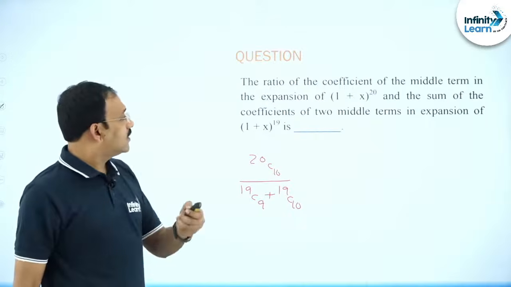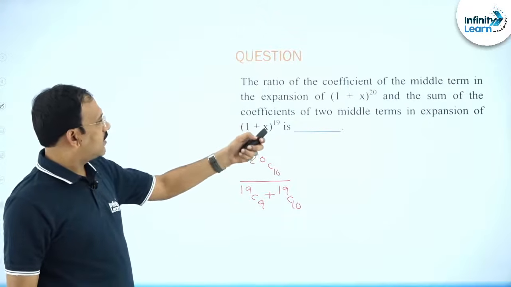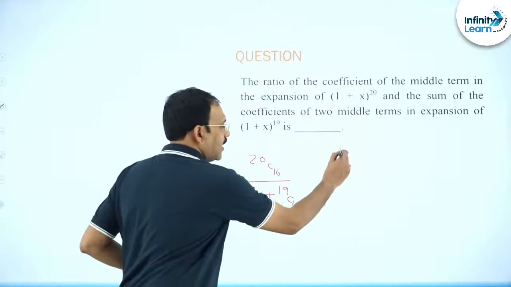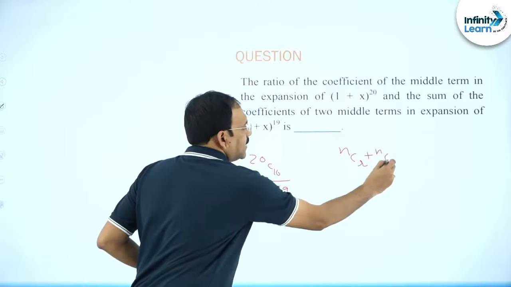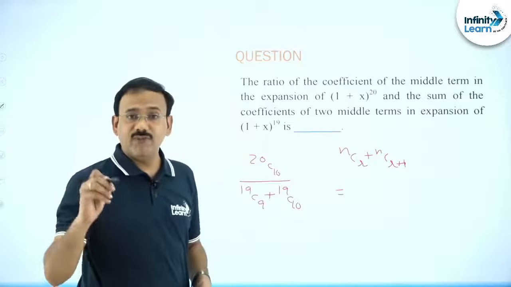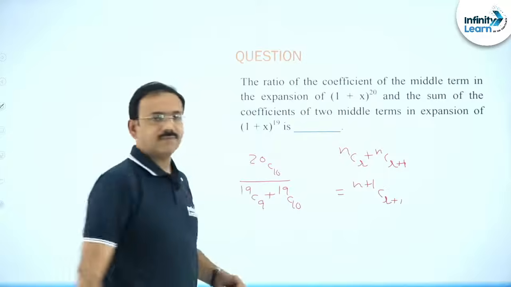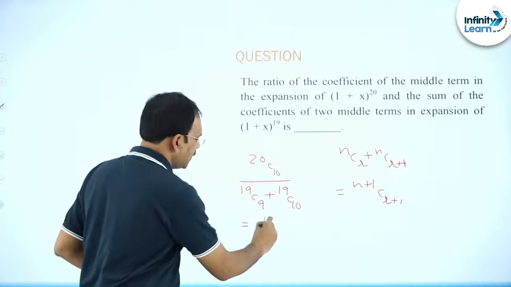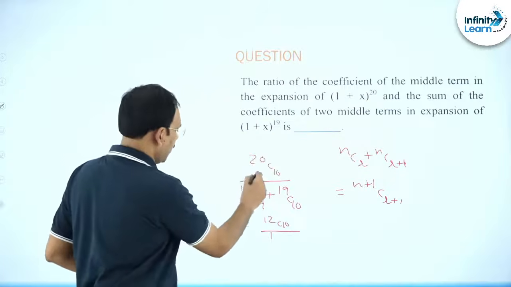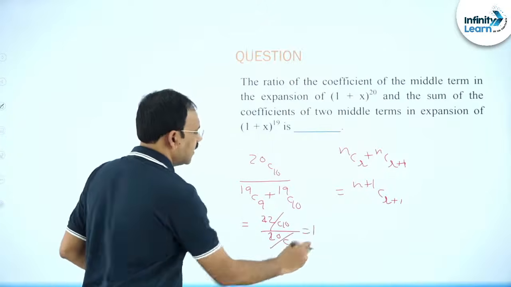Among the binomial properties, nCr plus nCr plus 1, this is another second most important property which we frequently use. This is (n plus 1)C(r plus 1). By this property, friends, this is 20C10 by 20C10, both get cancelled, the ratio is 1.